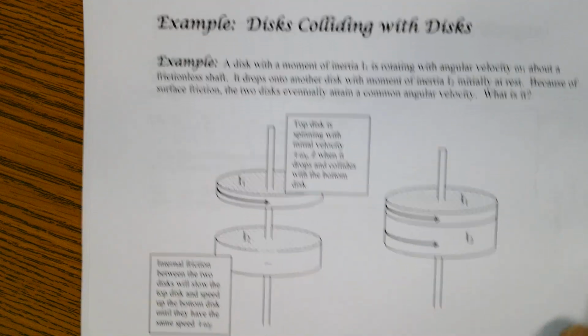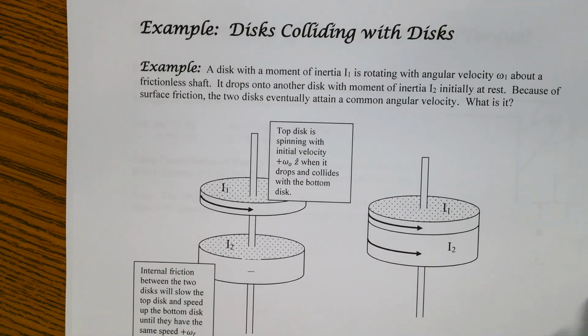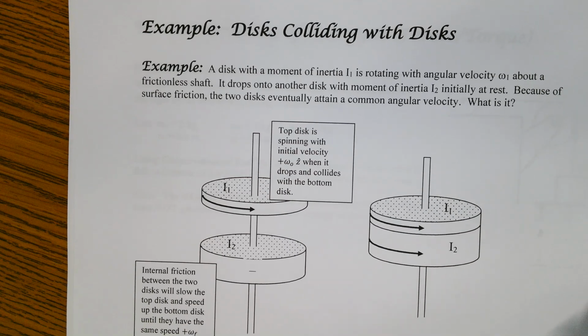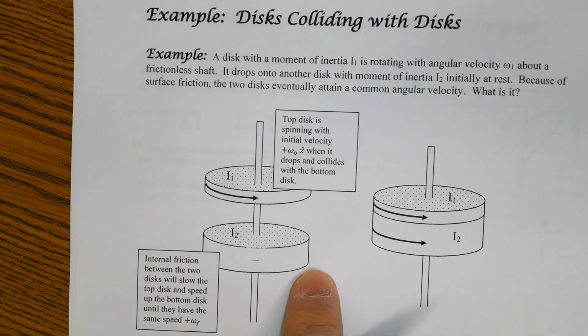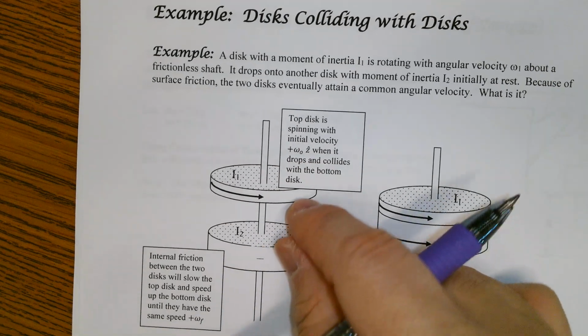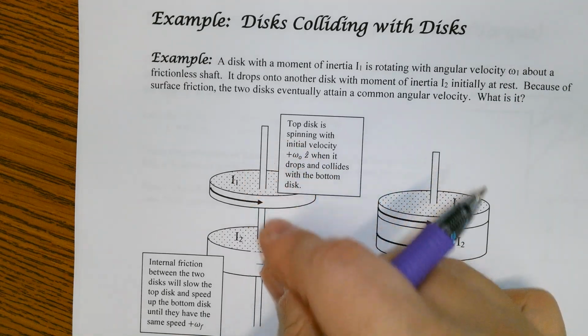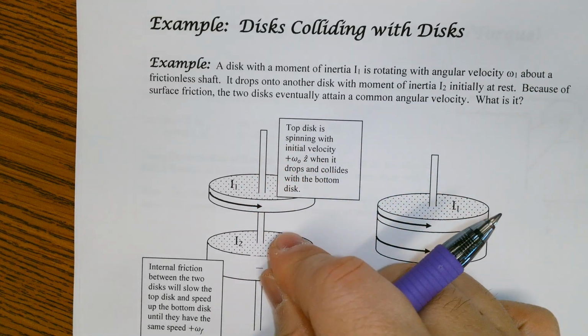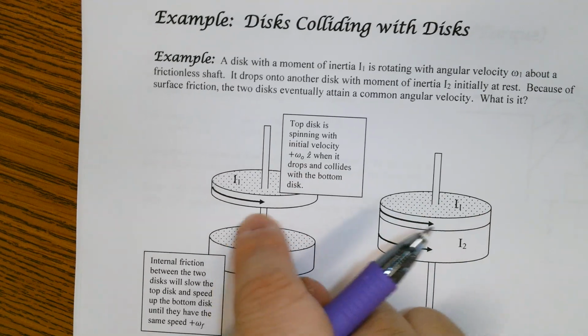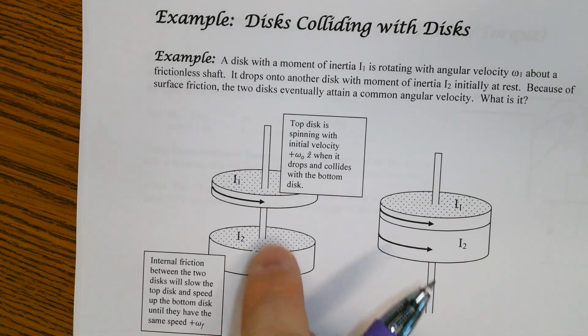All right. Disk colliding with disk. This is sort of like, I don't know if you drive a stick shift. When you hold the clutch in, this separates, and then you switch gears, and then you release the clutch, then it engages into the disc to make this transmission turn with the engine, right?